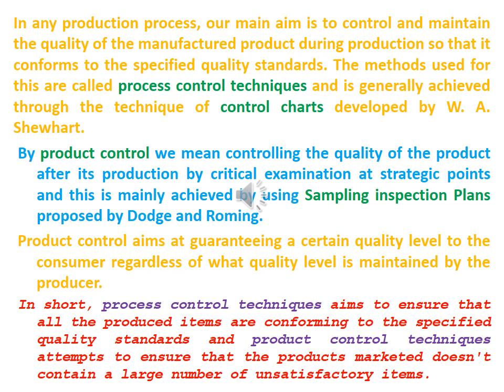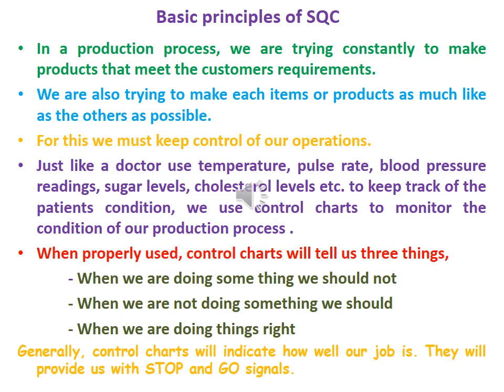So this method is the process control techniques. Basic principles of statistical quality control. In a production process, we are trying constantly to make products that meet the consumer's requirements. We are also trying to make each item or product as much like the others as possible.